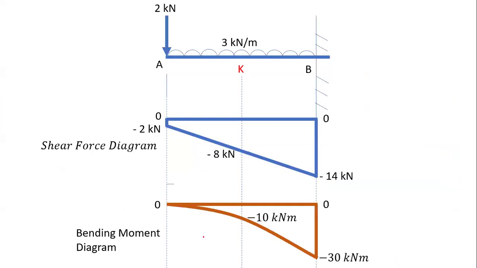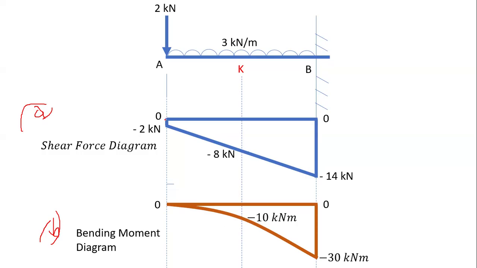So like that, the question was asking us to draw the shear force diagram as well as the bending moment diagram. So meaning that the top part is representing part A. This is representing part A. Then this other one is representing part B. Then, having done that, let's plug the numbers as they were.